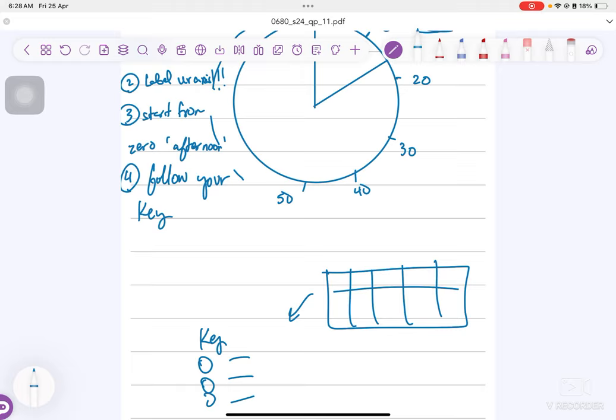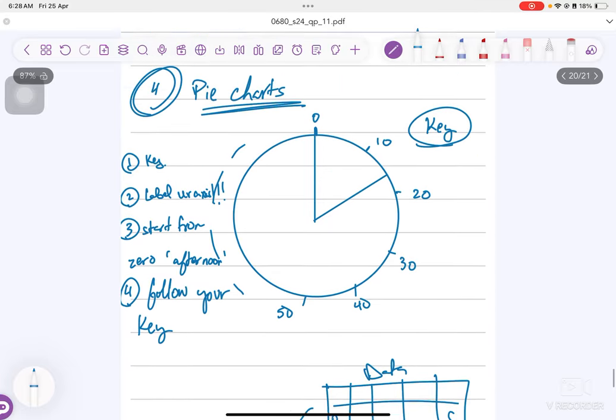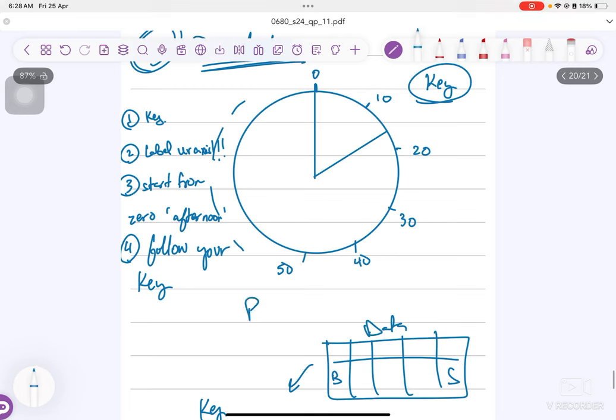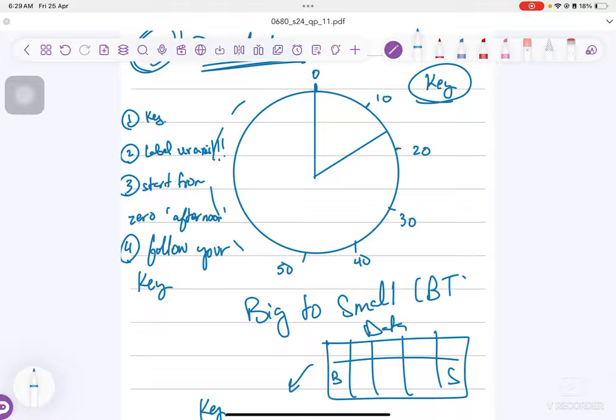Okay? Now you got data here. And you got it from big to small. This is the biggest, this is the smallest. How you're gonna plot it? You're gonna plot from big to small. I like to call it BTS.